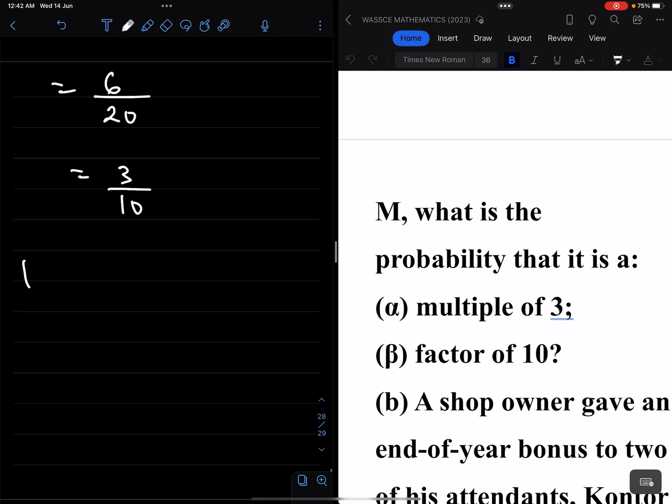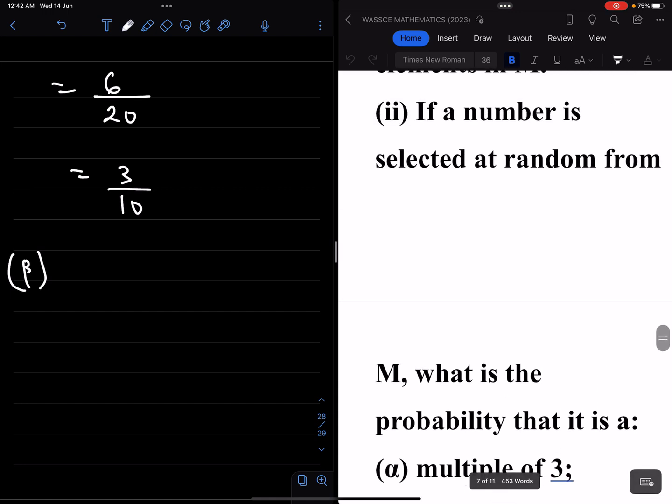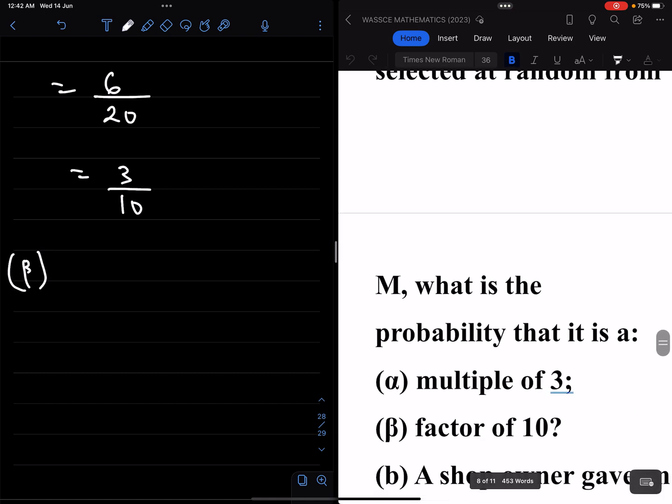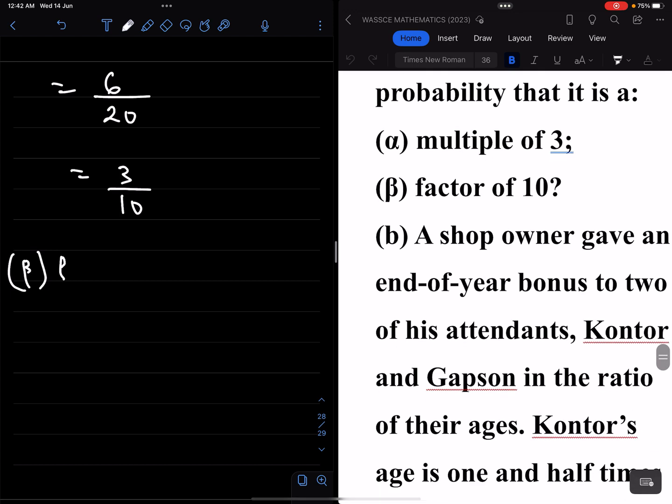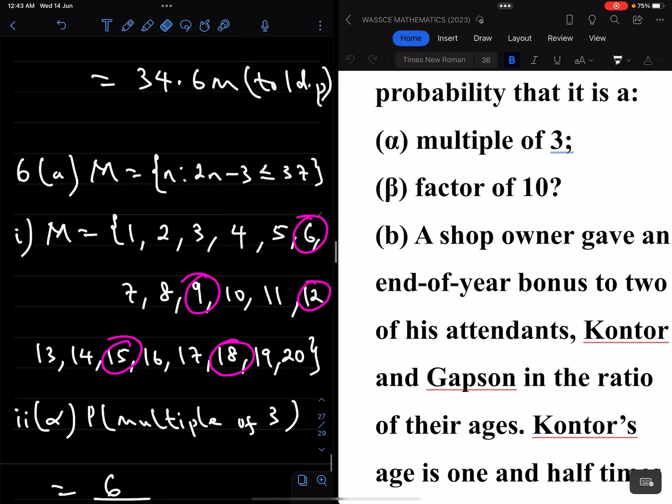Now we go to 2 beta. This is question beta. Now what's the probability that if a number is selected at random from the set M, it is a factor of 10? So let me just say P, probability that the number is a factor of 10. P of factor of 10 equals, how many elements of the set M are factors of 10?